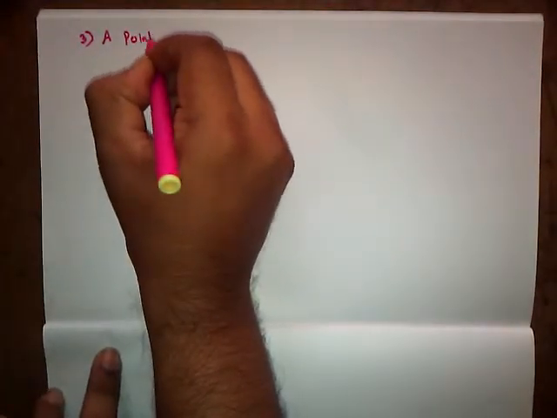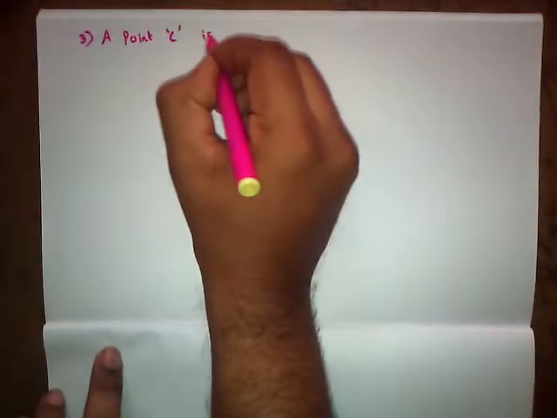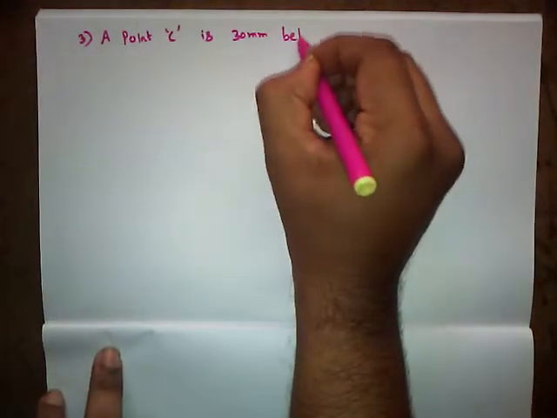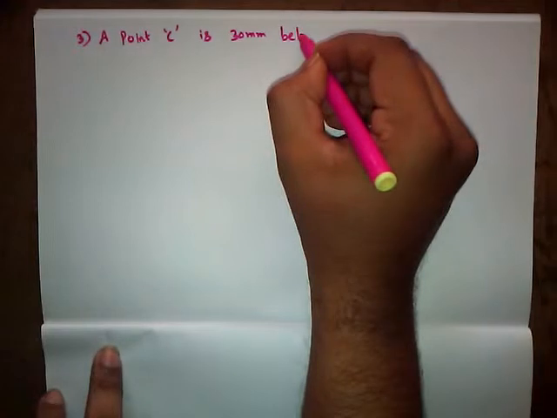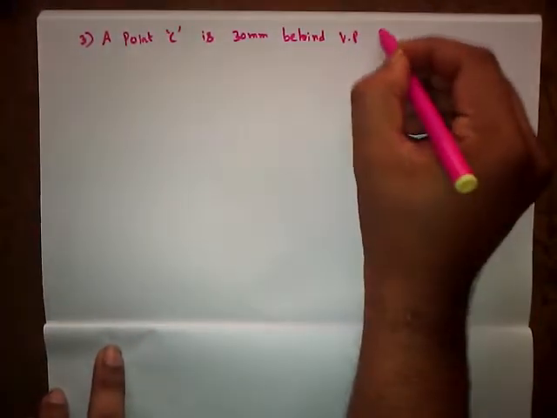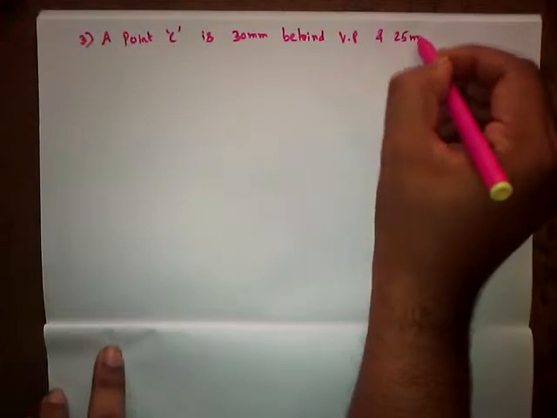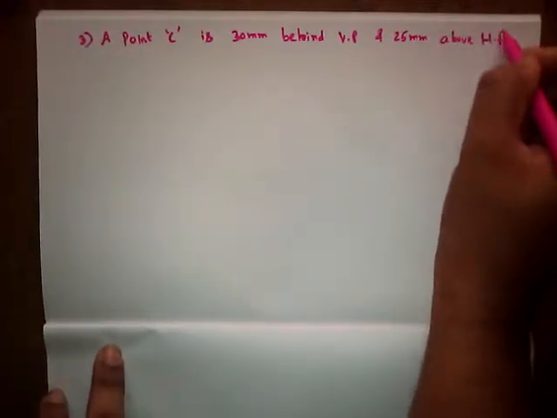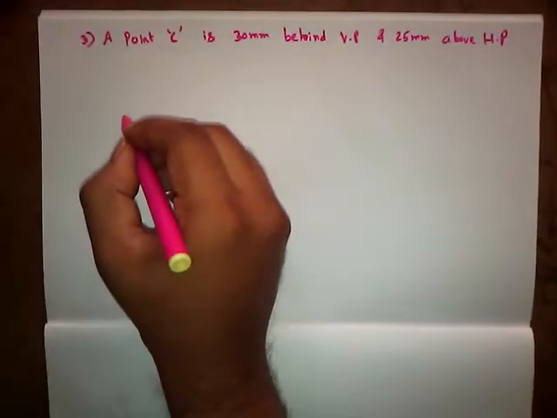A point capital C is 30 mm behind VP and 25 mm above HP. So let us draw the quadrants.